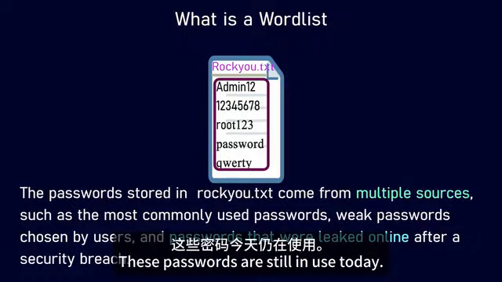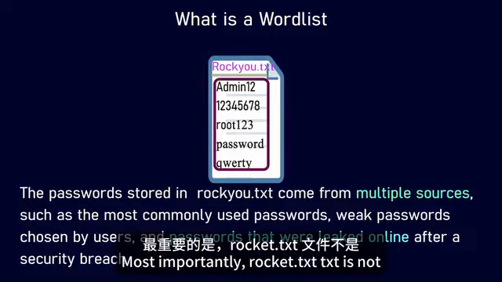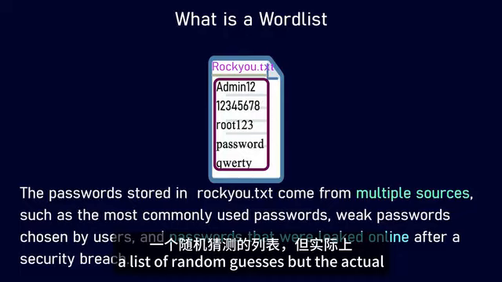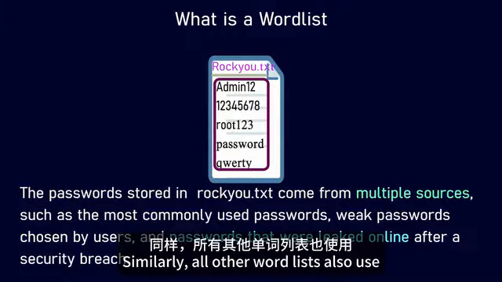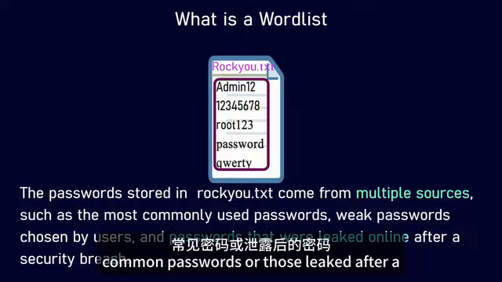These passwords are still in use today. Most importantly, rockyou.txt is not a list of random guesses, but the actual passwords used in the real world. Similarly, all other word lists also use common passwords or those leaked after a breach.